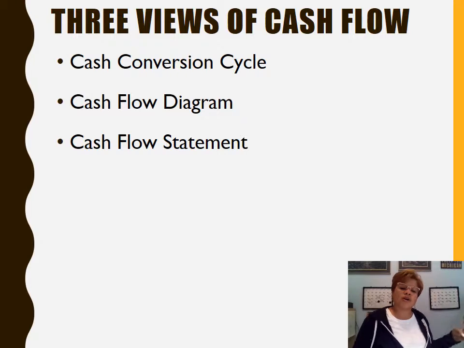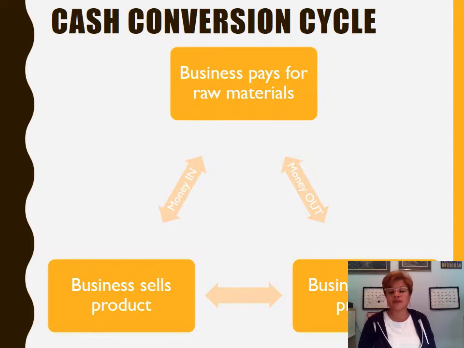There are 3 views of cash flow that we would want to be aware of and that we would want to follow. All right. So: cash conversion cycle, cash flow diagram, and the cash flow statement. The cash flow statement is what we're going to look at last. A cash conversion cycle consists of 3 components.